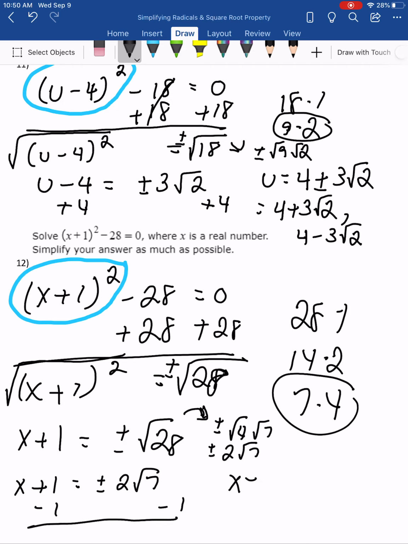So x equals negative 1 plus or minus 2 square root 7, which when you write it out with commas, like your assignment's going to want you to do, it's going to be negative 1 plus 2 square root 7, comma, negative 1 minus 2 square root 7.